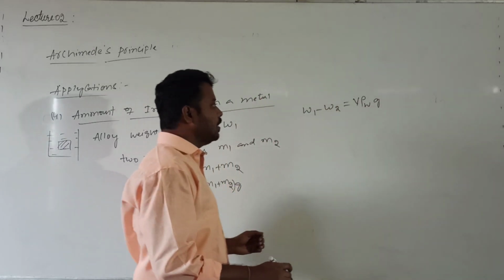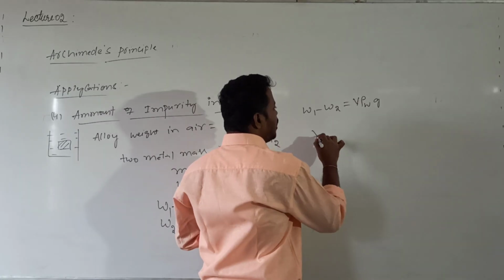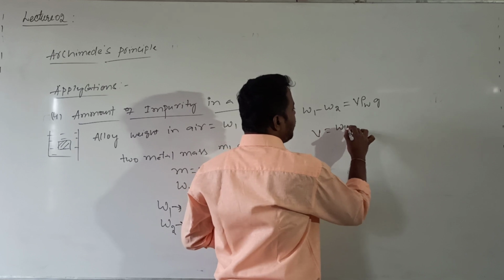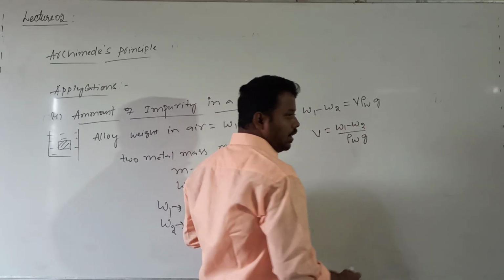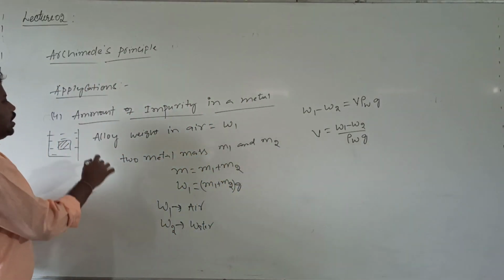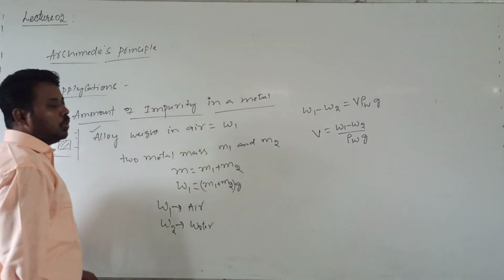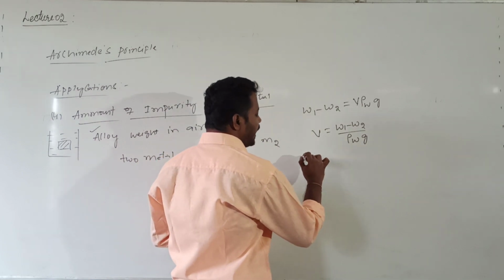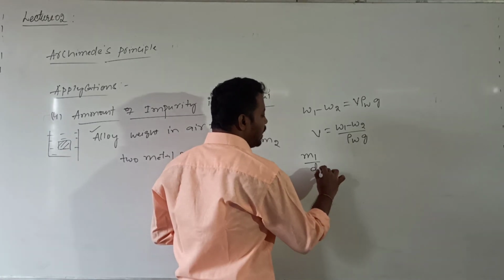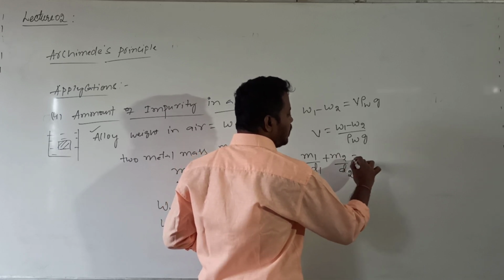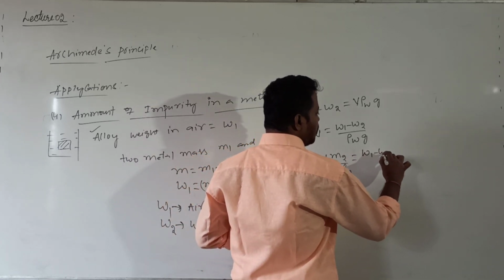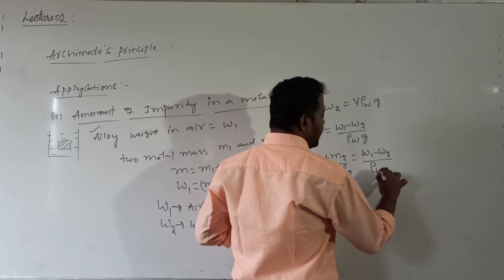So from this, V is equal to W1 minus W2 divided by rho W into g. What is V? The total volume of this given alloy. So the total volume can be written as M1 by D1 plus M2 by D2, which will be equal to W1 minus W2 divided by rho W into g.